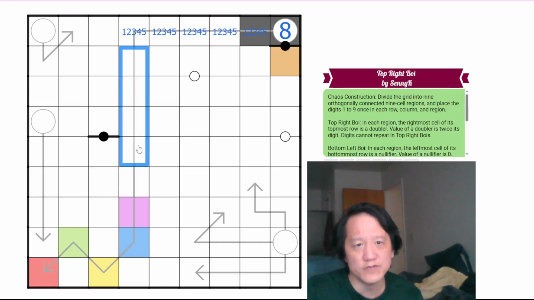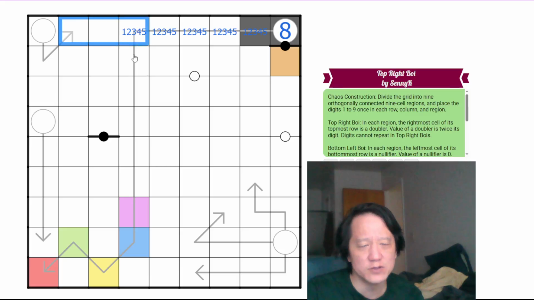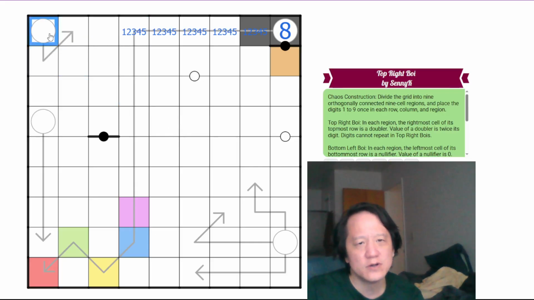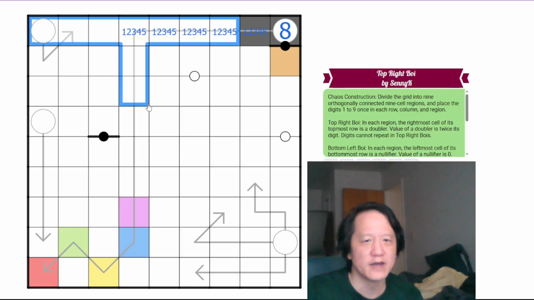So we know one of these three cannot be. So we have to have something like that. Right? So we could have something like this. Or I guess it could be something even like that, potentially.